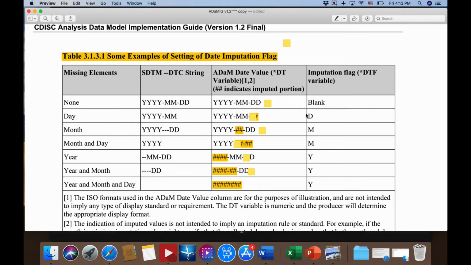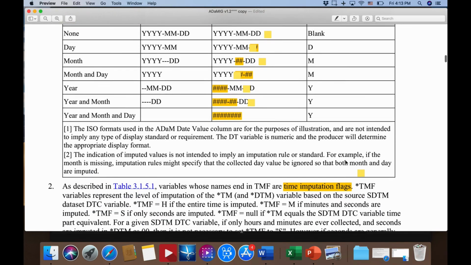Those variables will be blank if the date is complete. If the date is missing, then use D, meaning date. Here the month is missing, so use M. Those values are used for these DTF imputation flags.